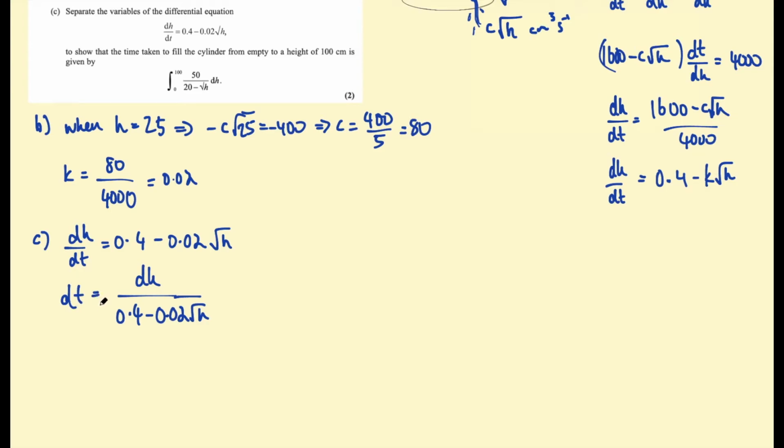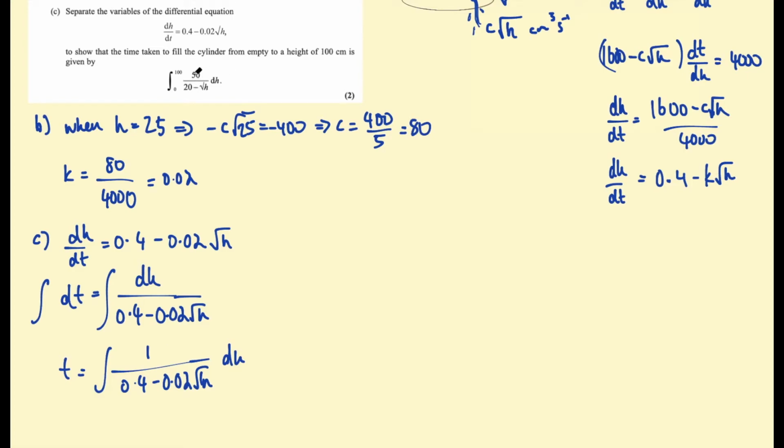And then we can integrate both sides. This is going to be an integral in terms of t, and this one will be in terms of h. The integral of dt is just t. Then we have t equals the integral of 1 over 0.4 take 0.02 root h with respect to h. And then we just need to look at what we need to get to. Hopefully you can see they've multiplied the numerator and denominator by 50. I think that's fairly clear.